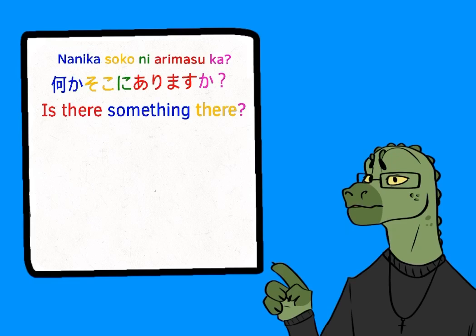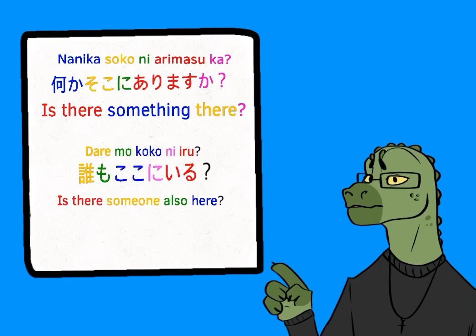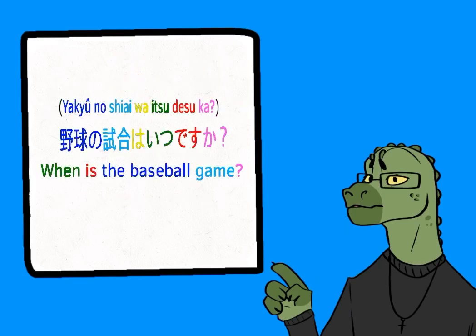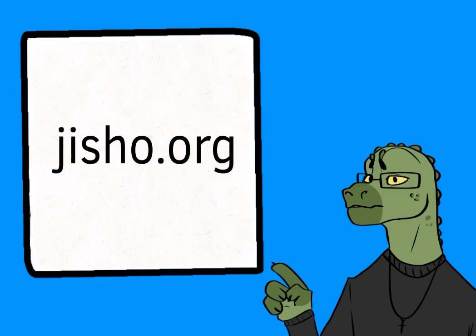If you wanted to ask, is there also someone here? You could ask, 誰もここにいる? When is the baseball game? 野球の試合はいつですか?